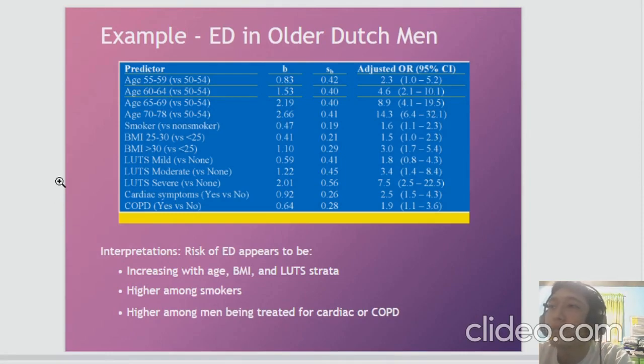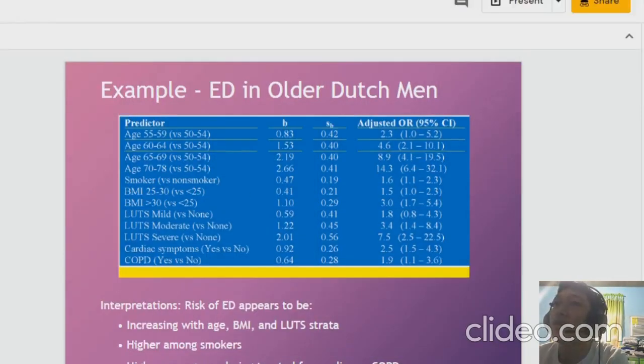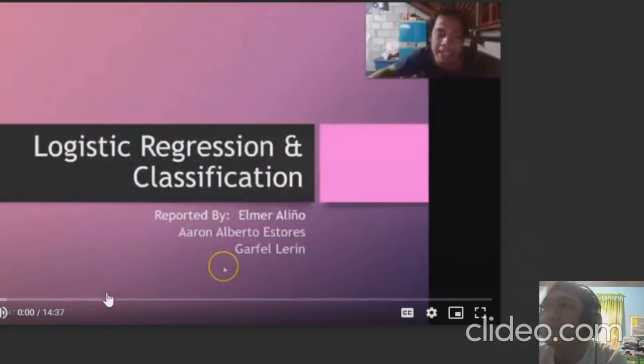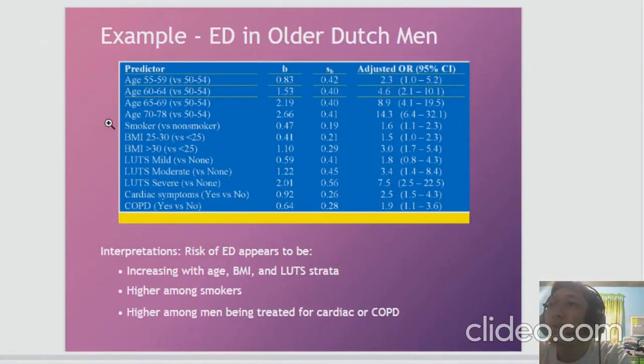Hi, I'm the third reporter of our group in logistic regression and classification. Our topic is the example of ED in older Dutchmen.